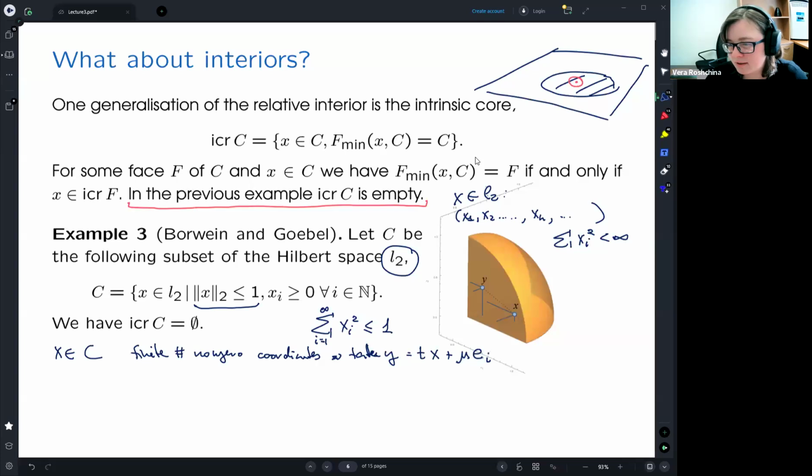That will be a basic element that is not participating in x. And then, if I try to draw a line from y to x and continue, I wouldn't be able to, because anything beyond x will have a negative coordinate, since e_i is not participating in x. So x_i is 0, and that's already not in the intrinsic core.